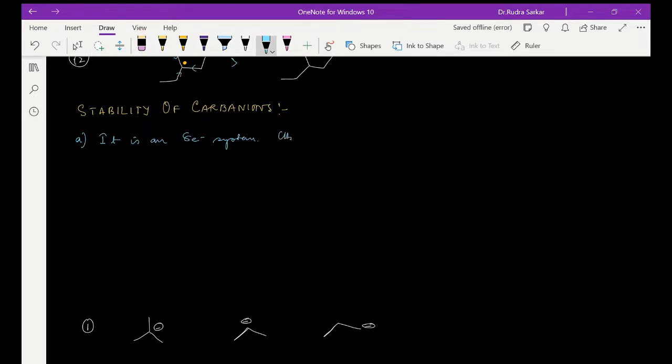say CH3 minus. The system behaves as a nucleophile. It is diamagnetic.